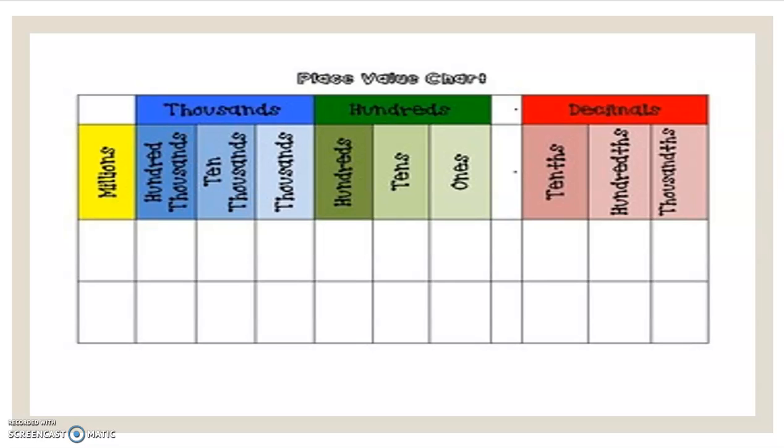If you notice here, we have our ones, our tens, our hundreds, our thousands, our 10,000s, our 100,000s, our millions, and to the right of our period, we have our tenths, our hundredths, and our thousandths.